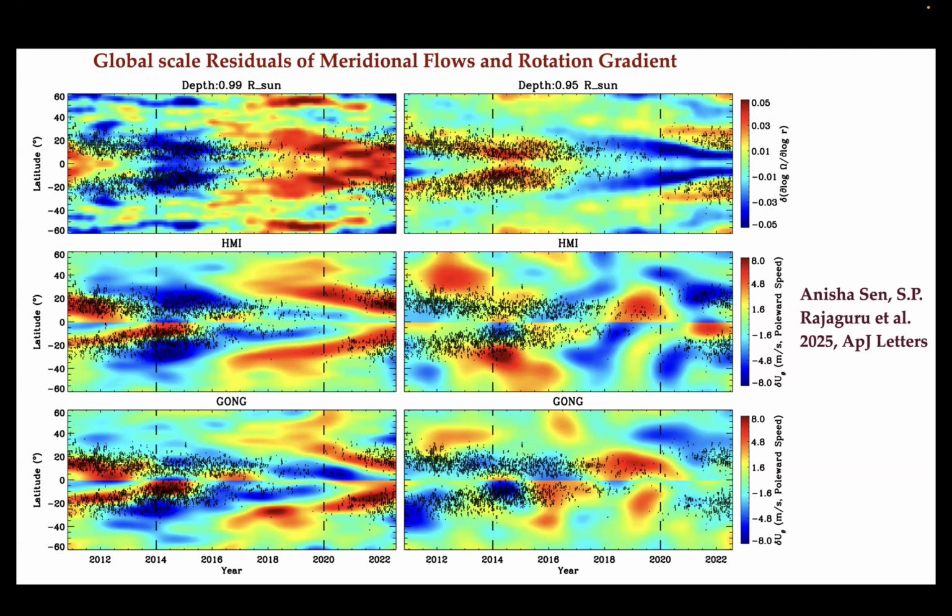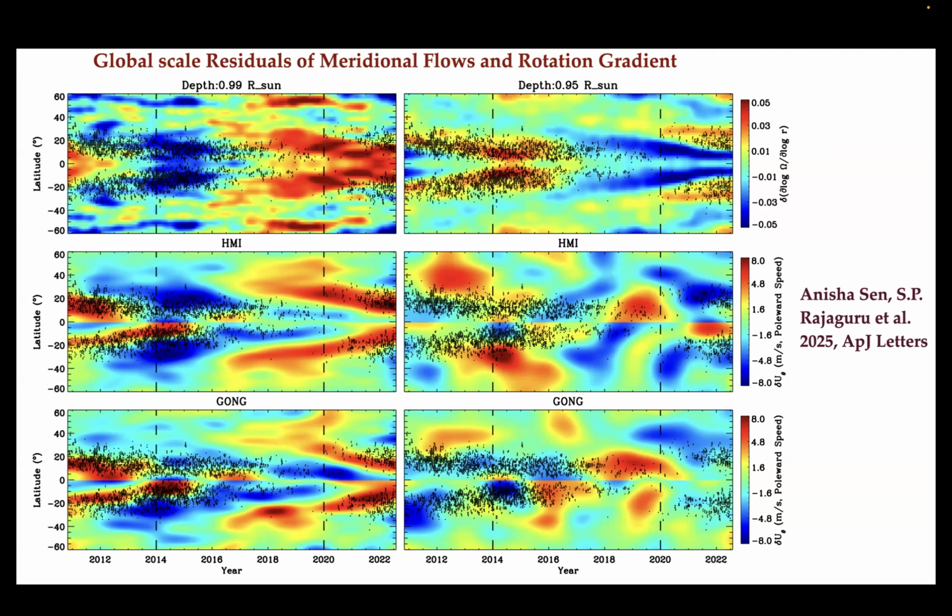Because of this convention, at the equator there's a discontinuity, and that is just because of the convention we use. So what you see here is there's a large scale inflow, which is blue, from the higher latitudes towards the active latitudes, and on the lower latitude side, there is again an inflow, which is towards the pole.